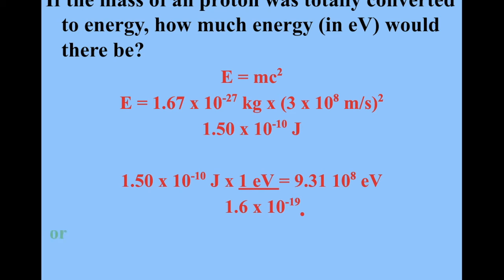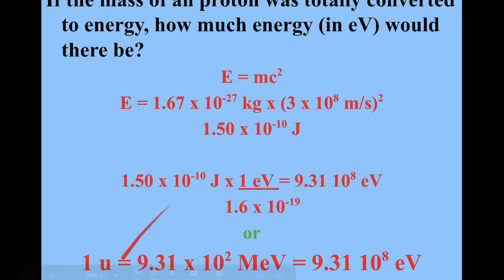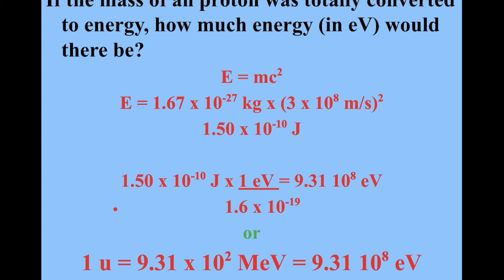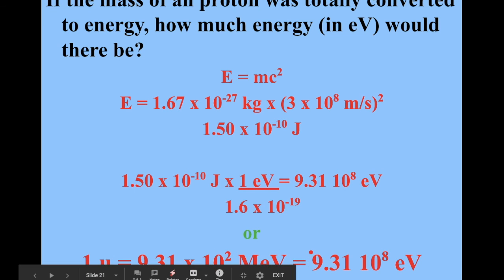I can then convert that and get 9.3 times 10 to the 8th electron volts, or, as we spoke about on the last slide, 1 u equals 9.31 times 10 to the 2nd mega electron volts. So I could also do the conversion for that.